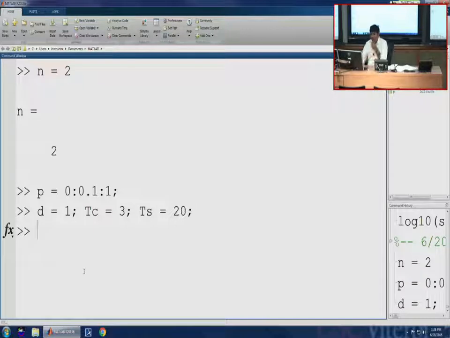So this throughput equation that we want to program in, and what did we say for n? We have that already. Let's say throughput equals n times p times 1 minus p, and this has got to be a vector.